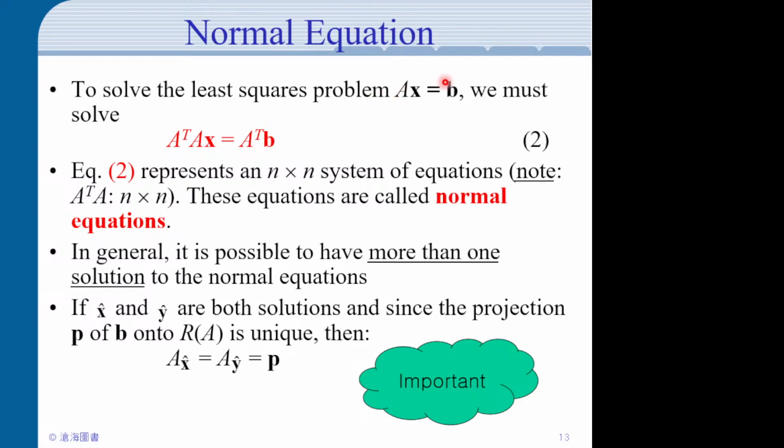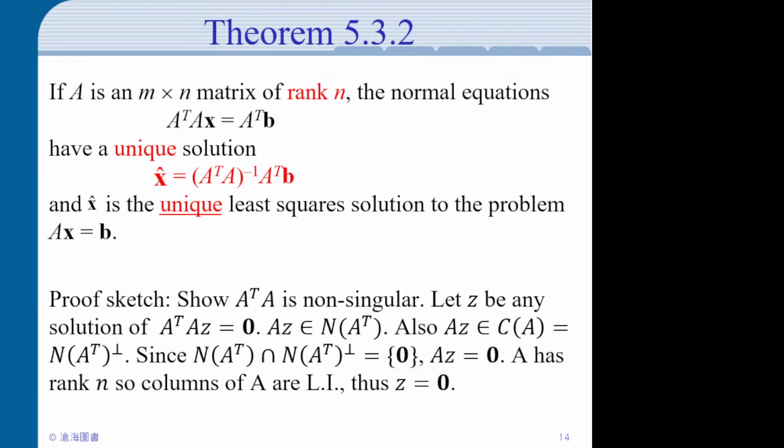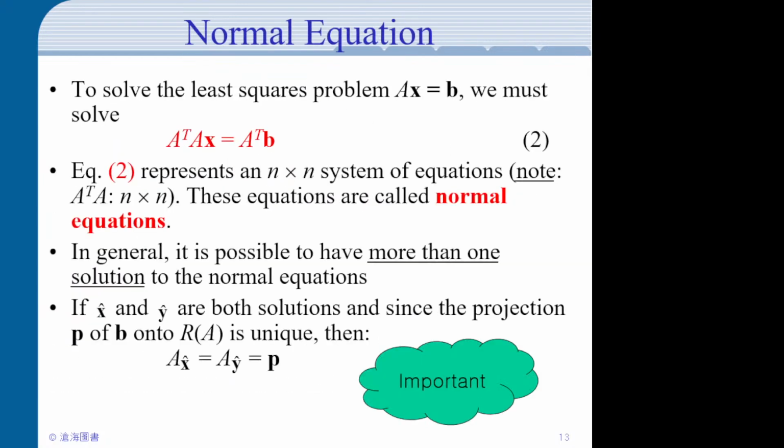A and b are given, so you can just calculate A^T b here. And this is basically a linear system of equations, right? You have A^T A, some matrix you can calculate, which is an n by n matrix, and you have A^T b, an n-dimensional vector.